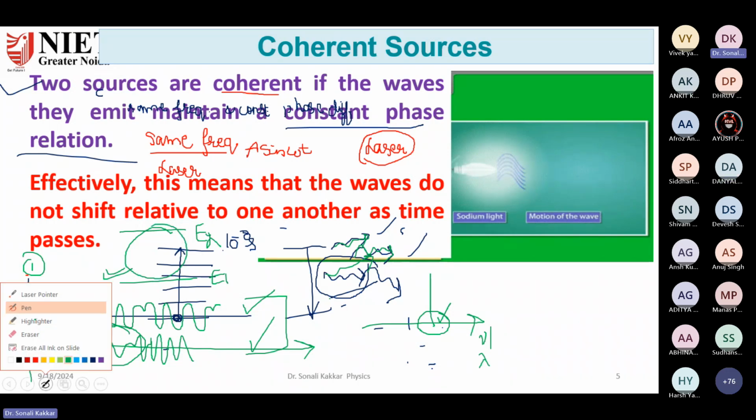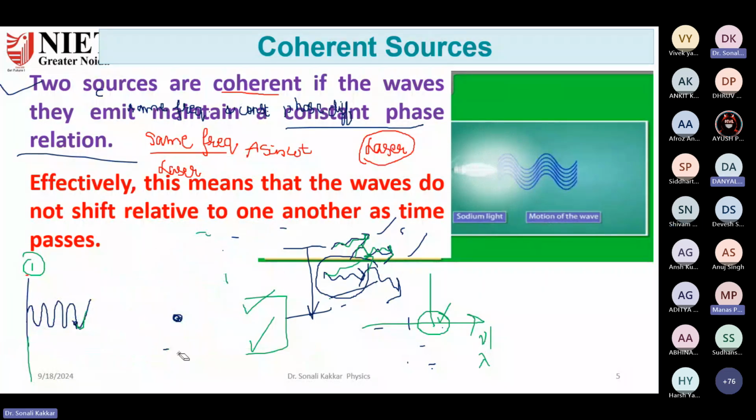Are you understanding or should I repeat? Okay, I will repeat. Energy levels are particular to a particular atom. So if we want to fix the energy difference, then we should take those particular atoms. So it is specific to a material. That is why different colors are fixed, like a mercury lamp.